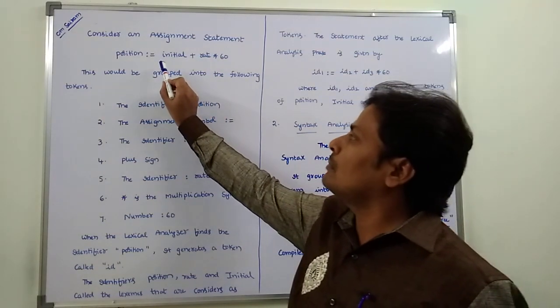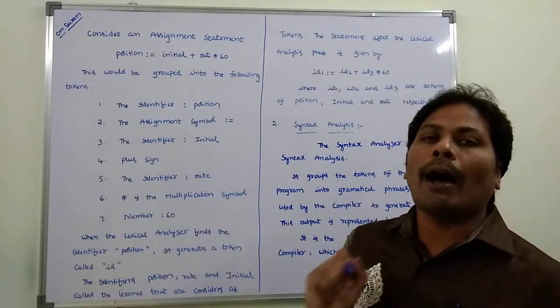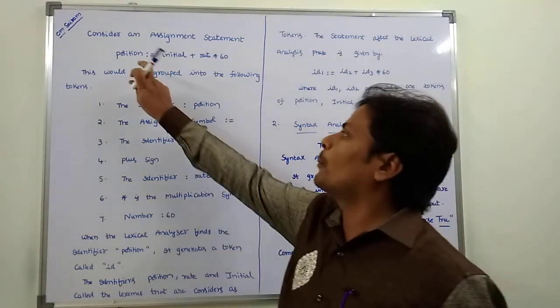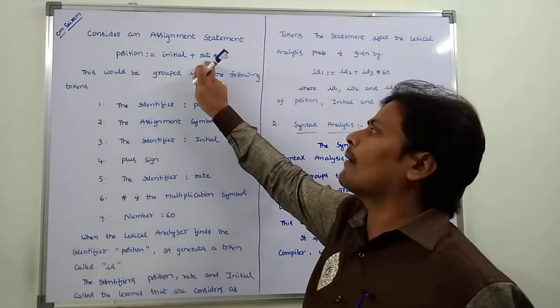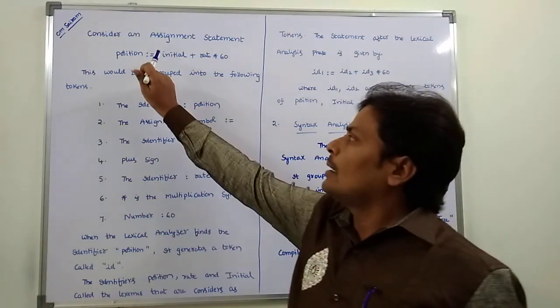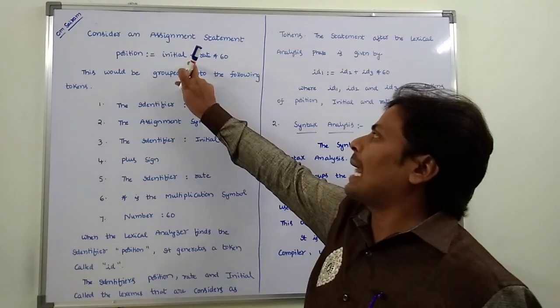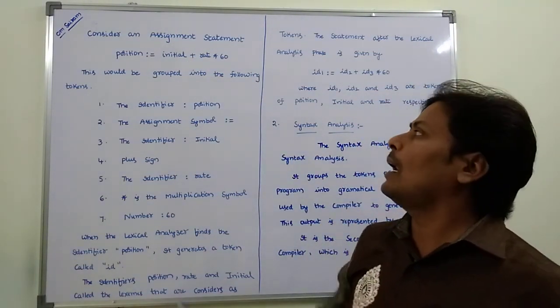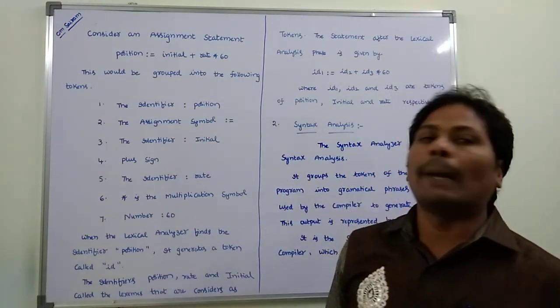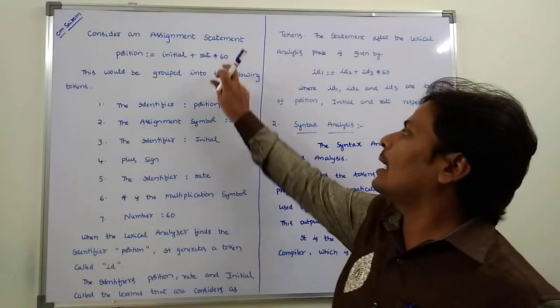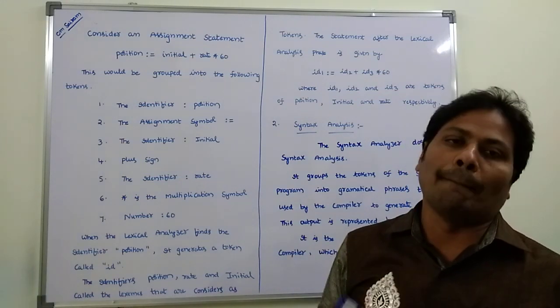From this statement the identifiers are position, initial, rate. Next, equal to is the assignment symbol, plus is the addition symbol, star is the multiplication symbol. Here 60 is the number.